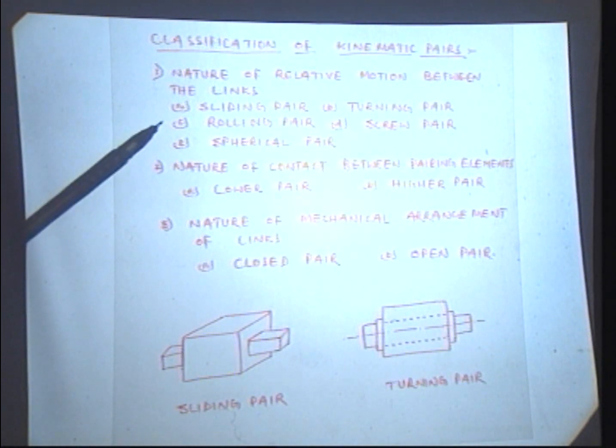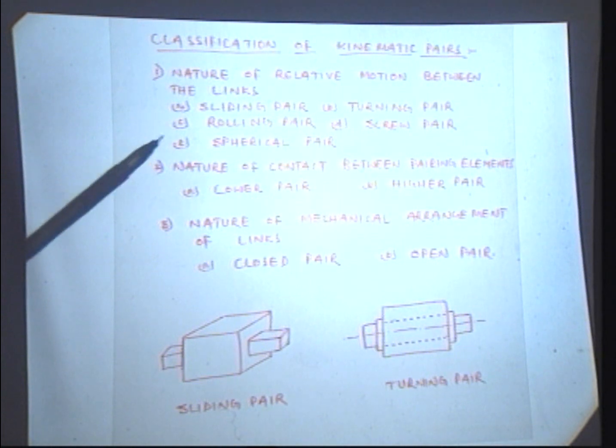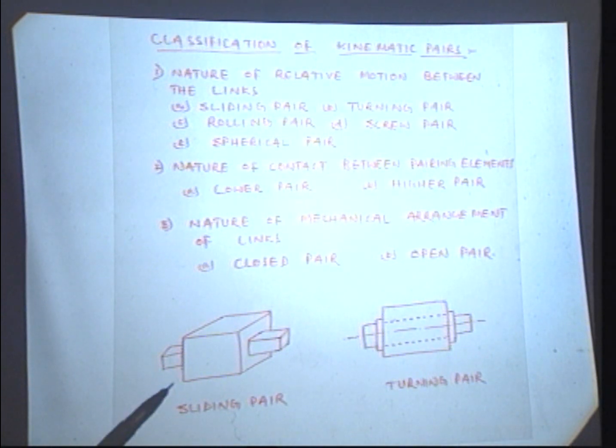Let us first discuss these types. Here you are seeing a sliding pair. When the nature of contact between the elements of a pair is such that one element can slide into the other, such a pair is called a sliding pair.